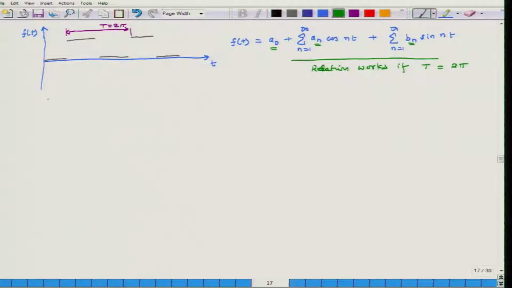So, a0. Finding A0, how do I find it? What I do is I multiply this expression, let us call this expression 1, I multiply its left side and right side by 1, or essentially I integrate the left side as well as the right side with respect to time over the time period, and when I equate them I will end up with an expression for A0.